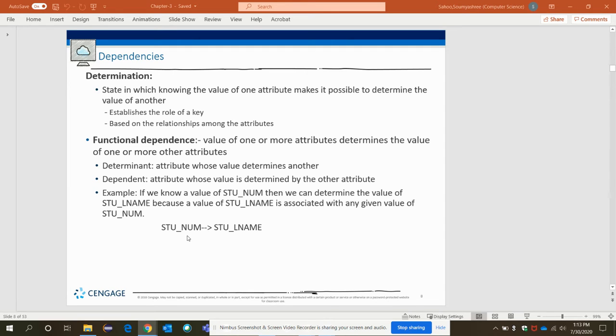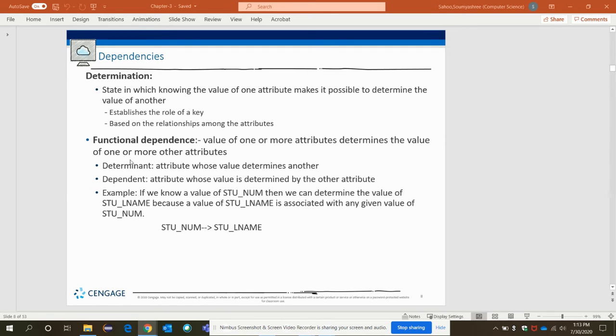So the student num, as it has unique values, has the capability of determining the student last names, even though the last name can occur repeatedly in the table or database.